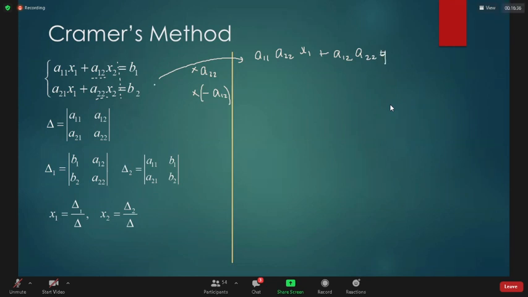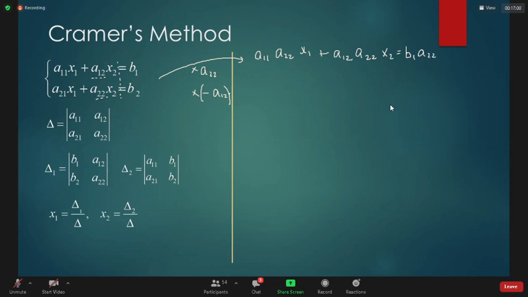It's always the problem of notation. I want to do things in the simpler way, and sometimes something simply gets lost. So this is x2, and on the right hand side I have b1 times a22.